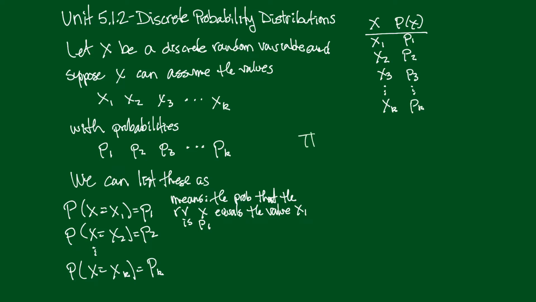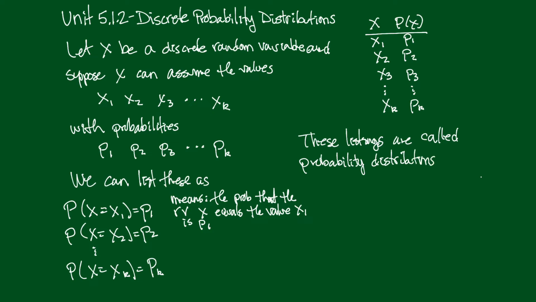These listings are called probability distributions, because I'm distributing these probabilities to these X values.